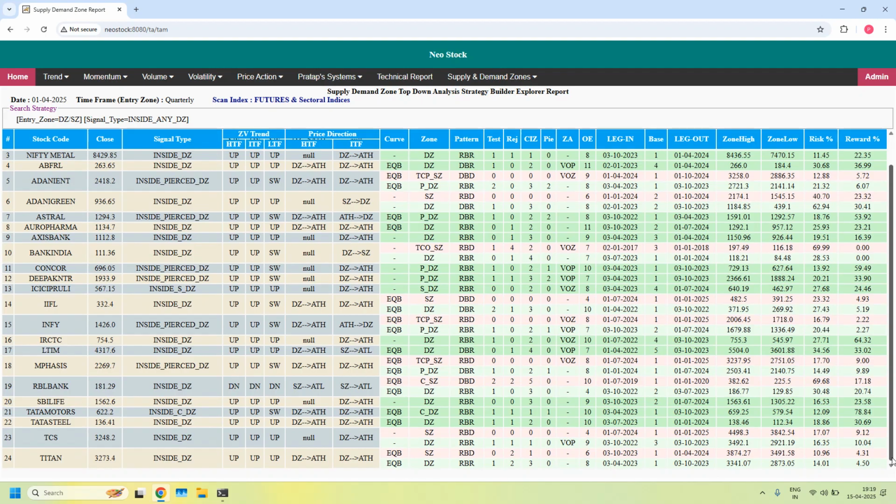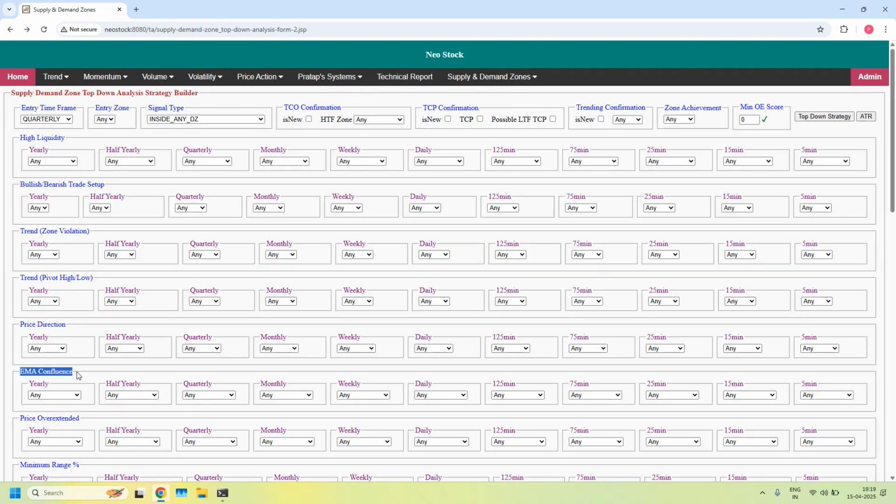We can further filter this list based on EMA Confluence, that is quarterly demand zone having quarterly EMA Confluence. So in the EMA Confluence parameter at quarterly time frame, I am selecting whether the quarterly demand zone is having quarterly EMA Confluence or not. At the same time, when you check EMA Confluence, the trend should not be sideways.